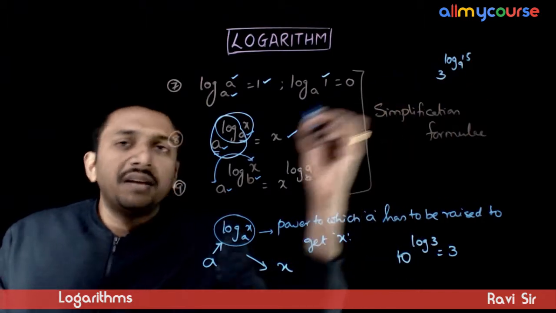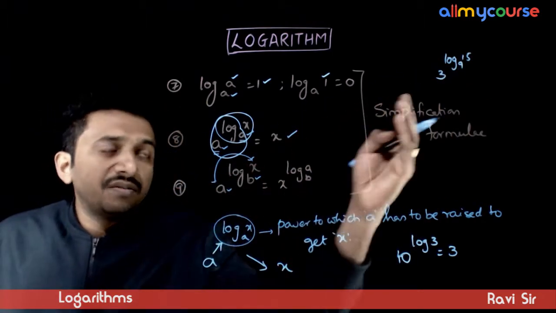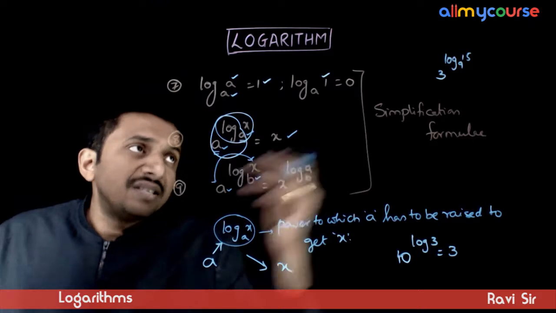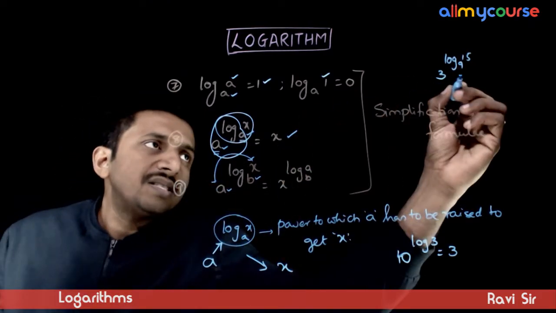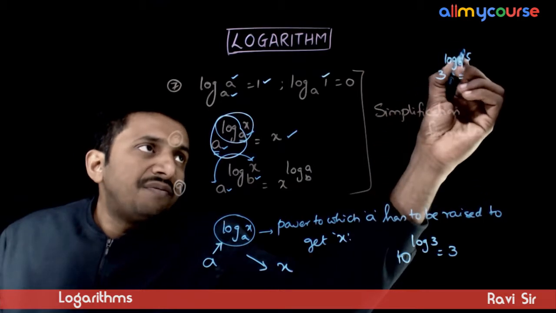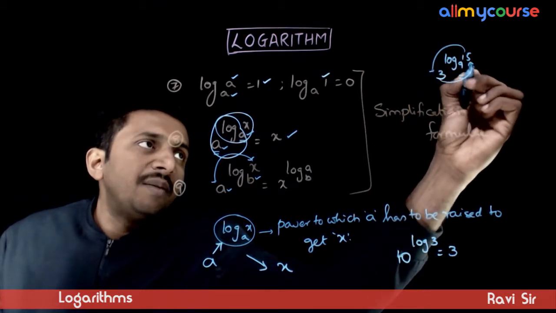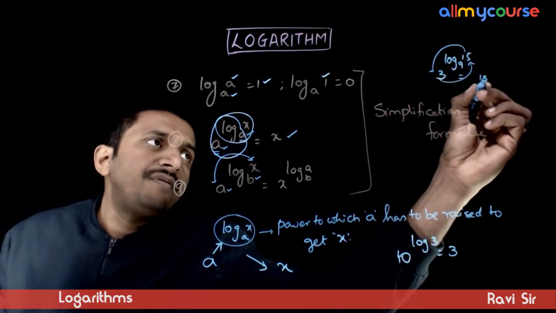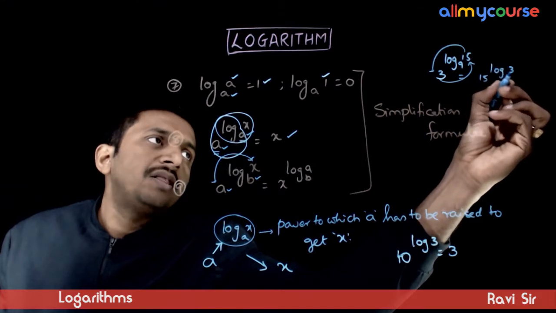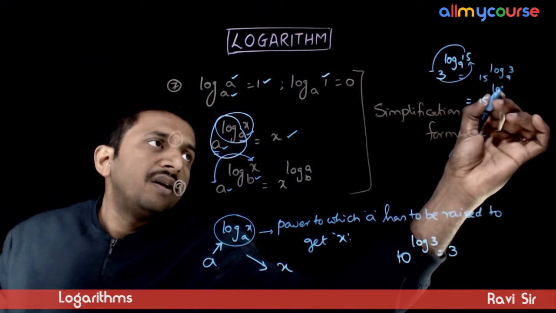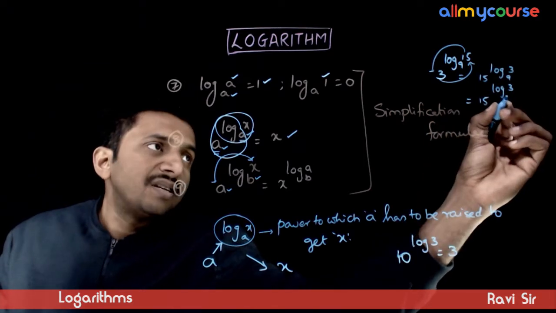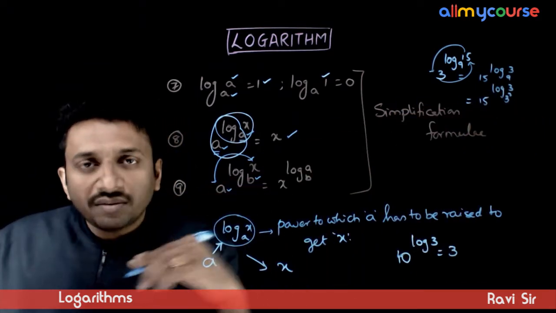15 to the base 9. So if you're asked to evaluate this, log 15 to the base 9 is not easy to evaluate. So this 15 and 3 can be exchanged. So this will be 15 power log 3 to the base 9. That is equal to 15 power log 3 to the base 9 can be written as 3 square.